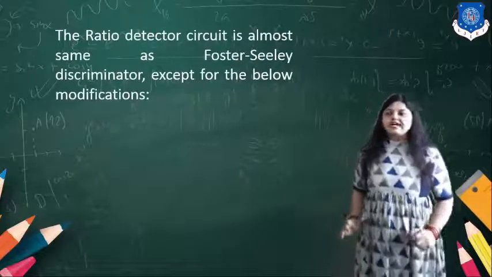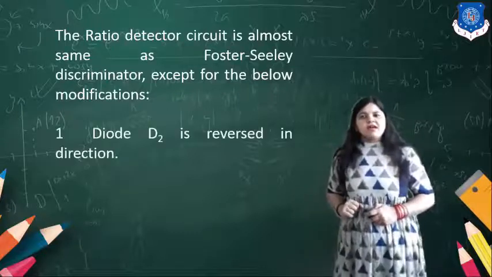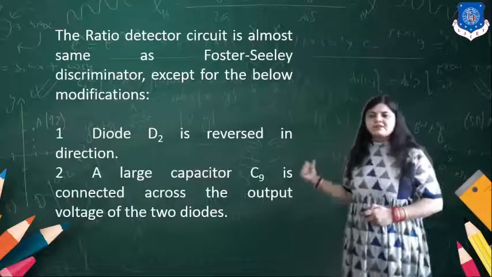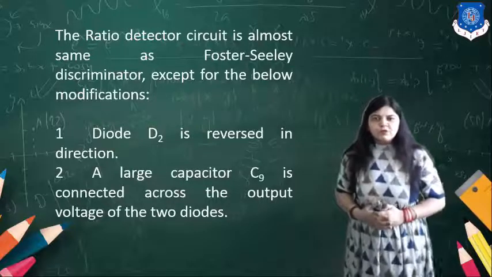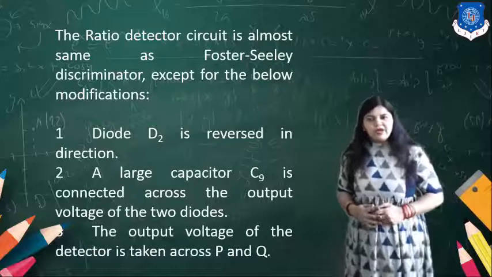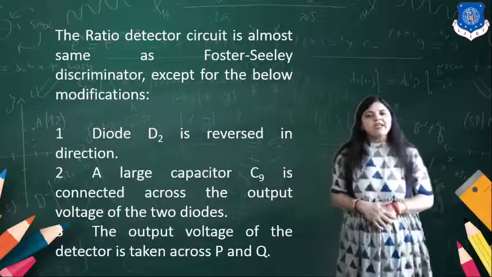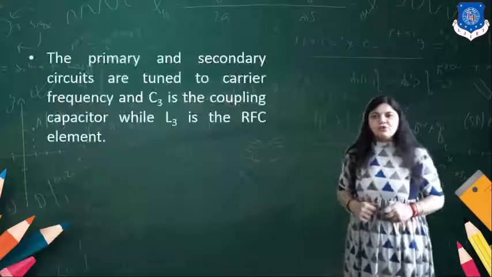The ratio detector is almost the same as the Foster Seeley. As I said, a large capacitor C9 is connected across the output voltage of the two diodes, and the output voltage of the detector is taken between the points P and Q.